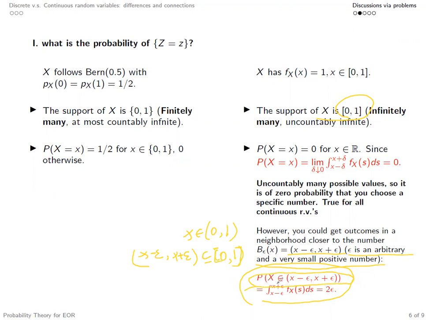Then the probability of X in this small interval, even though it's small, is still 2 epsilon, which is strictly larger than 0 if epsilon is positive.